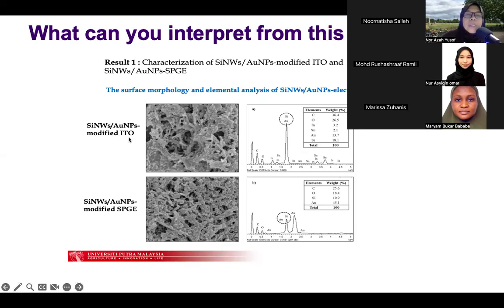One is modified ITO, and this one is a screen printed gold electrode. From these quantitative results you can conclude which one has better performance due to a high amount of silicon or gold, for the sake of example. These are things that you can do.